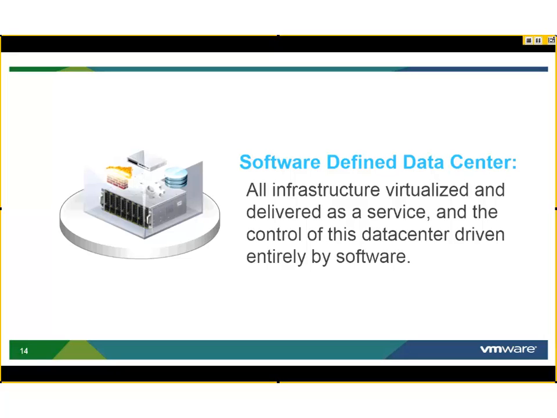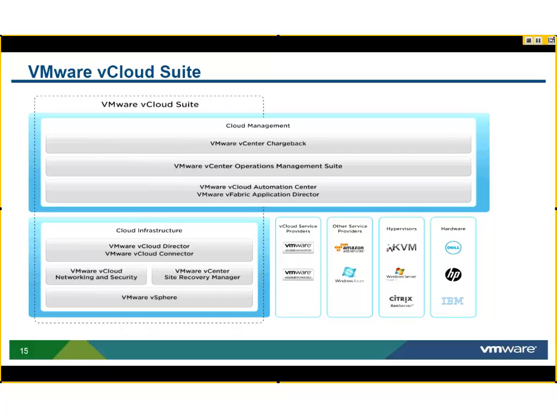Now, VMware has, in addition to the suite of software we talked about that made vSphere, another suite, which is our vCloud suite, and it provides the resources that you need not only to create the cloud, but also to manage it. And it works with different cloud providers, not only VMware, but people like Amazon and so forth.